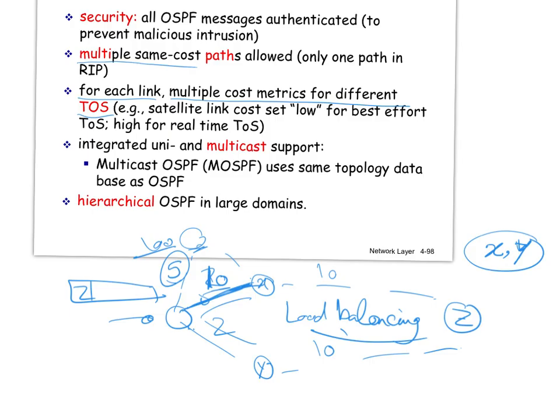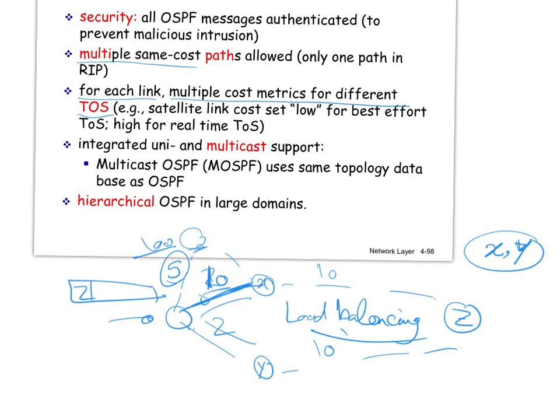So OSPF does that. By maintaining multiple costs for the same link, you can apply these concepts of load balancing or having different routes for different types of service. OSPF has the ability to do this. Okay?